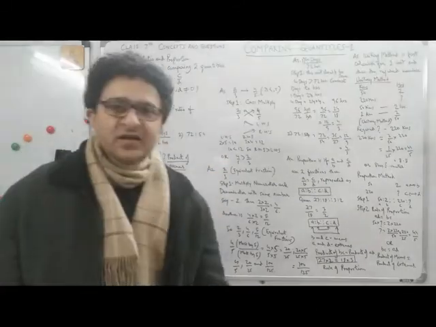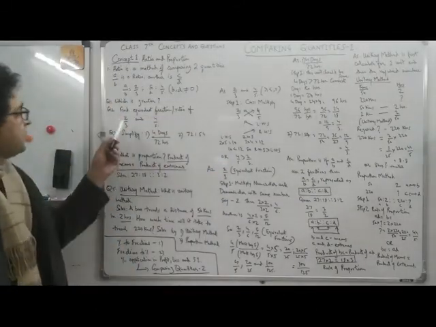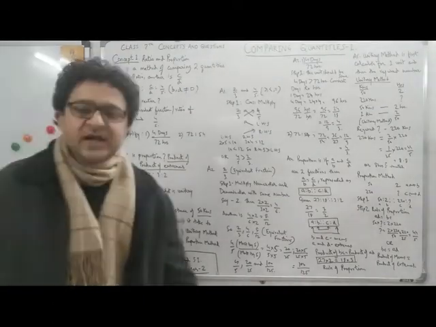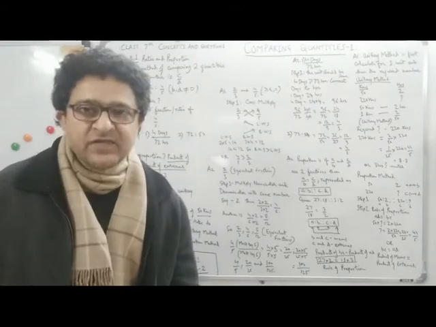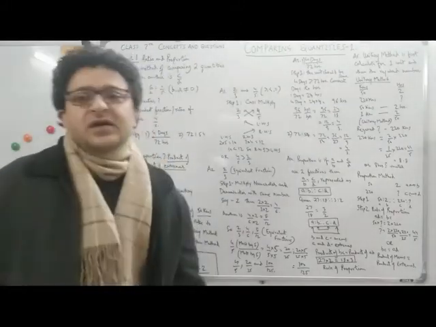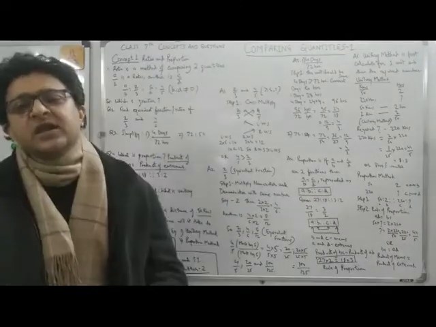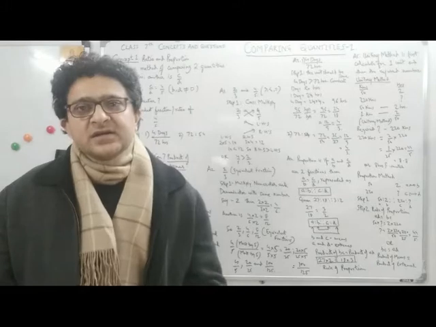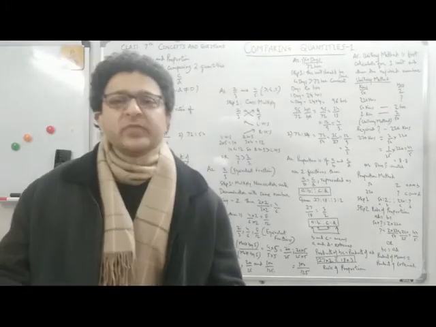The second question is to find an equivalent fraction. Again, take 2 by 3 and 4 by 5, A upon B and C upon D. These are the two fractions I have taken, and you want to find the equivalent fraction. The simple concept is to multiply by any number which comes to your mind. That number has to be multiplied in the numerator as well as in the denominator.